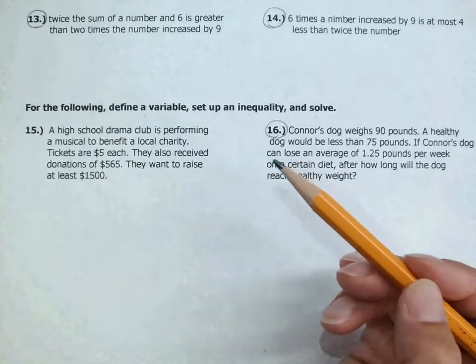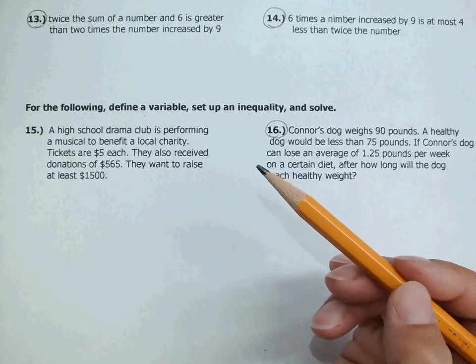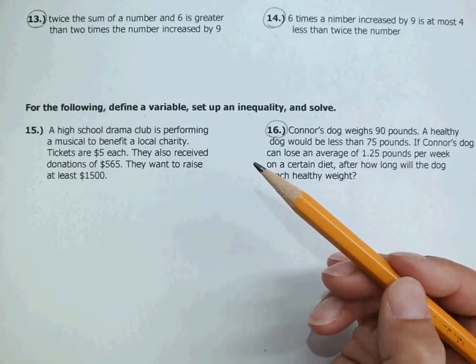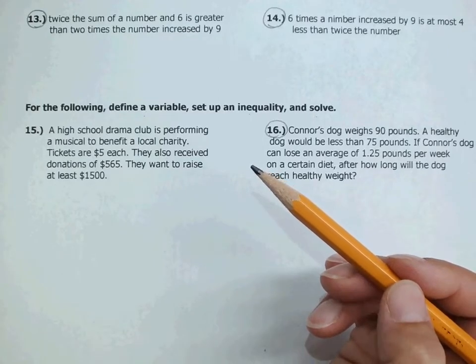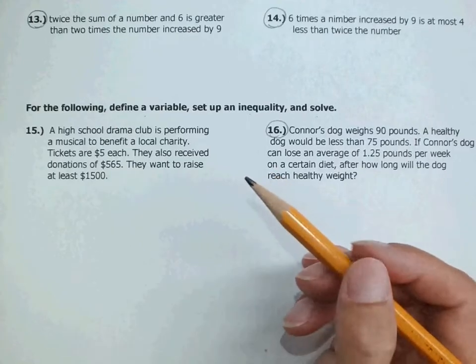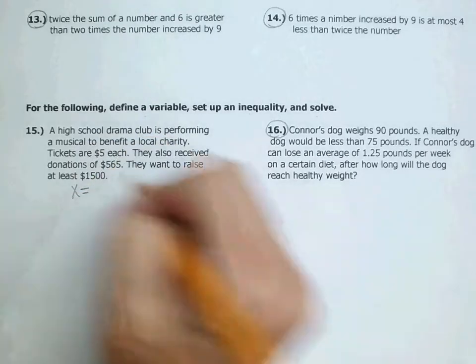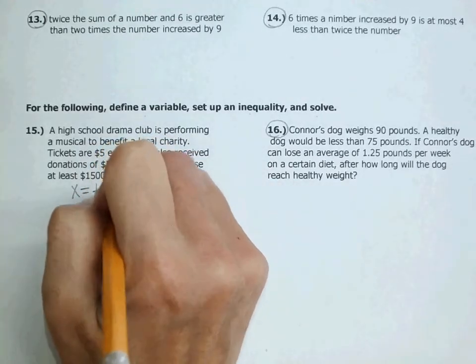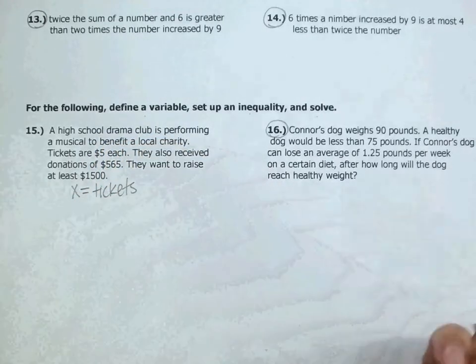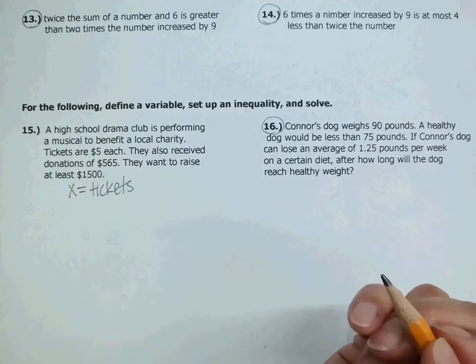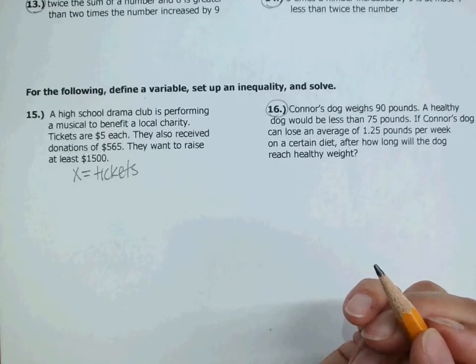So let's go ahead and figure out, and I think I forgot to put on the question, how many tickets do they need to sell? So let's go ahead and I'll be more clear on the homework, so I apologize. So we'll have x equals tickets. Okay, that's what we're looking for, is how many tickets can they sell.